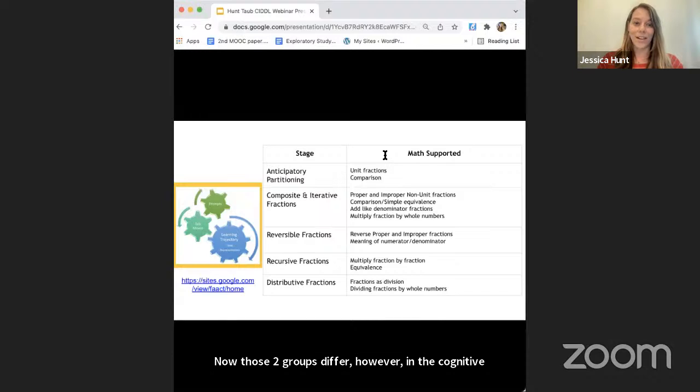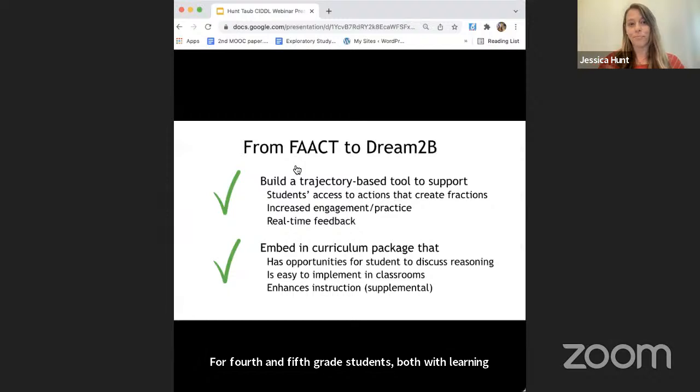So we developed an intervention program based on that trajectory, and it was found to increase fraction concepts and overall fraction knowledge for 4th and 5th grade students, both with learning disabilities as well as students who experience math difficulty.